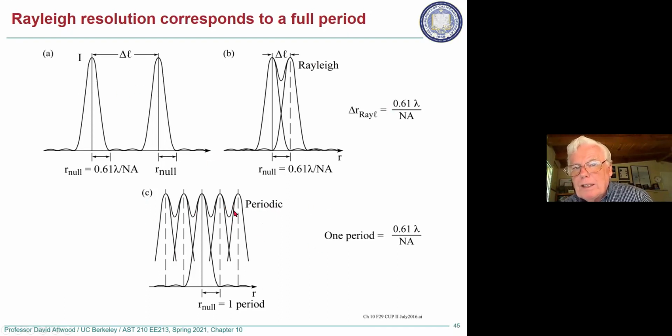And the point of it is that the equivalent of Rayleigh is actually a period, not a half period. So this is a little cheat. All the zone plate people all claim their resolution as being just a half period, one opening of the zone plate, something like delta R. But in fact, we should be looking at a period, okay?